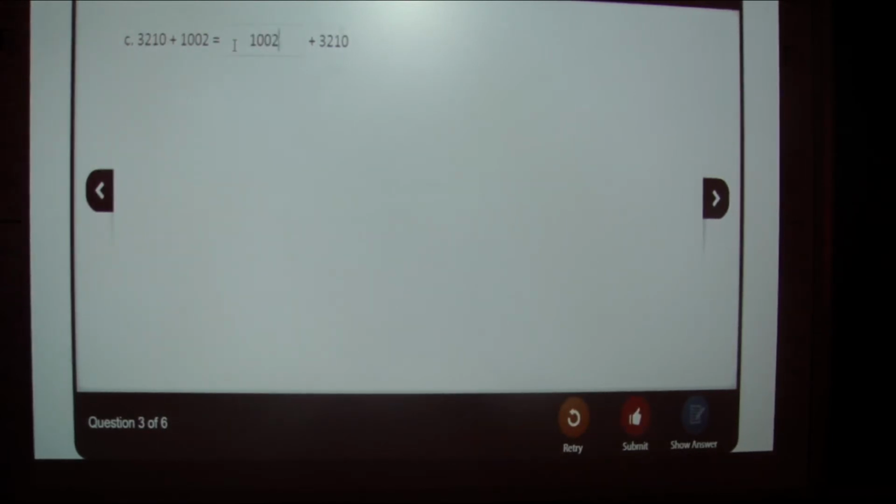It is the order of numbers property. Only the order changes. 3210 plus 1002 on the left is equal to 1002 plus 3210 on the right. Both values are equal, so our answer is the same.